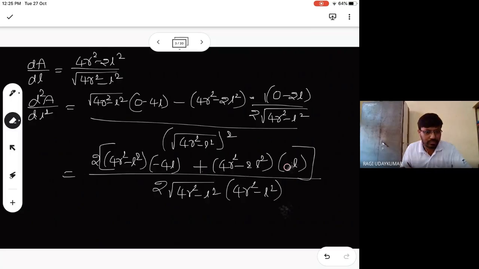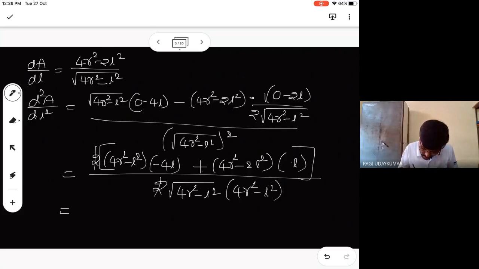Okay, so now I'm simplifying this one, 4L multiplied. You can take L common, or either 2 common or 2L common. So I'm taking minus 2L common here.